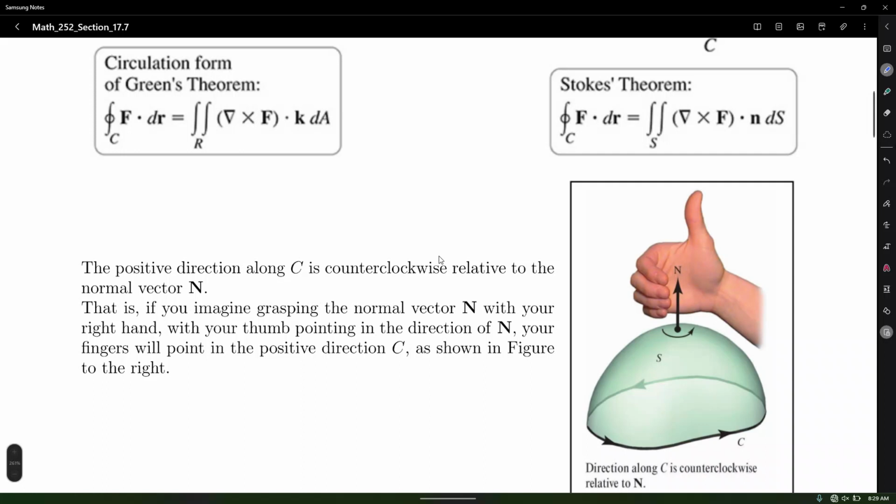The orientation needs to be stated otherwise, but typically we're going to work with closed surfaces. Looking at this vector pointing up, if you do the right-hand rule, it's going to go up. So the direction of the orientation goes along with our fingers closing into a fist, which is counterclockwise in this case.